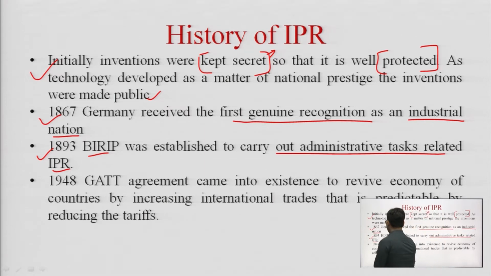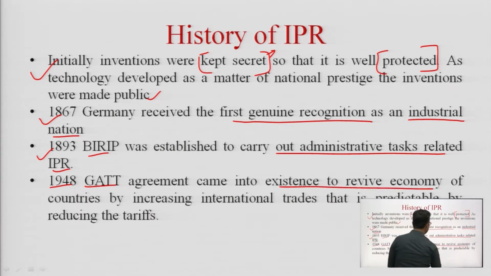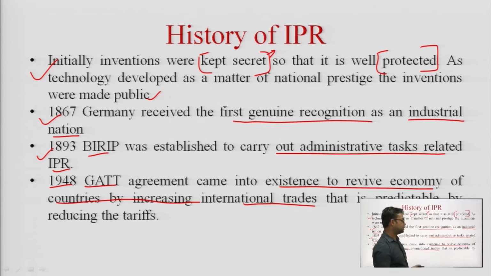Okay. In 1948, the GATT agreement came into existence to revive the economy of countries by increasing international trade, that is predictable, by reducing the tariff. So, in 1948, countries started doing business between themselves, country to country. Okay.